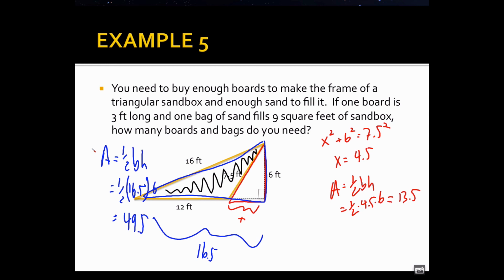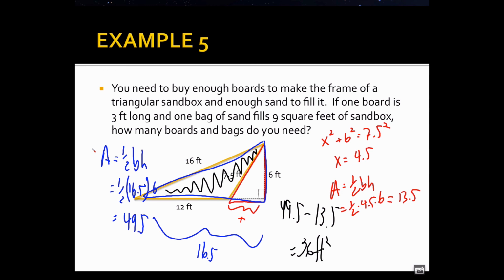Nathan, what do you have to do? 49.5 minus 13.5. Beautiful. You get 36. Big triangle minus little triangle leaves you the yellow triangle. Feet squared?